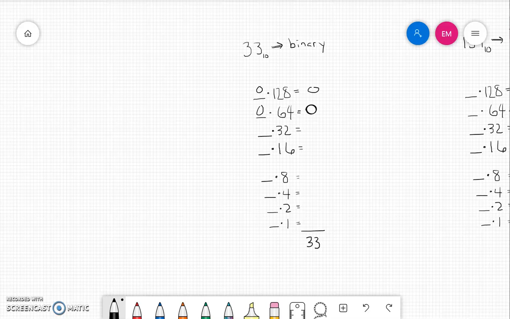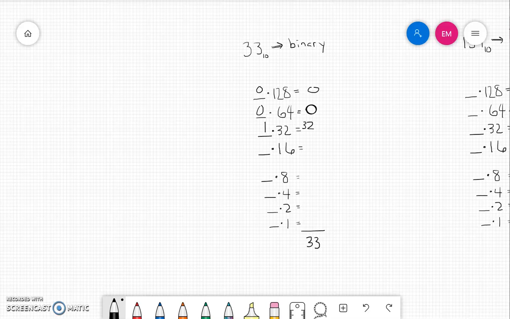If I had a 1 in the 64s, that would give me a total of 64, which of course is a lot bigger than 33. Next, in the 32s place value, I'm going to need one of those because the numbers in here have to add up to be 33. So I'm going to need a 32.